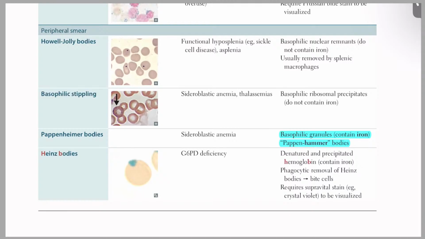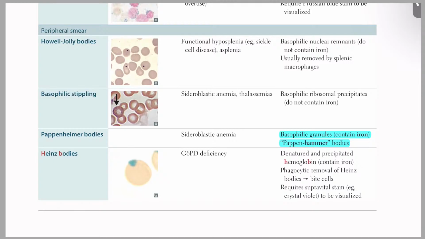Basophilic stippling: sideroblastic anemia, thalassemia. Basophilic ribosomal precipitates do not contain iron. Pappenheimer bodies: sideroblastic anemia. Basophilic granules contain iron.